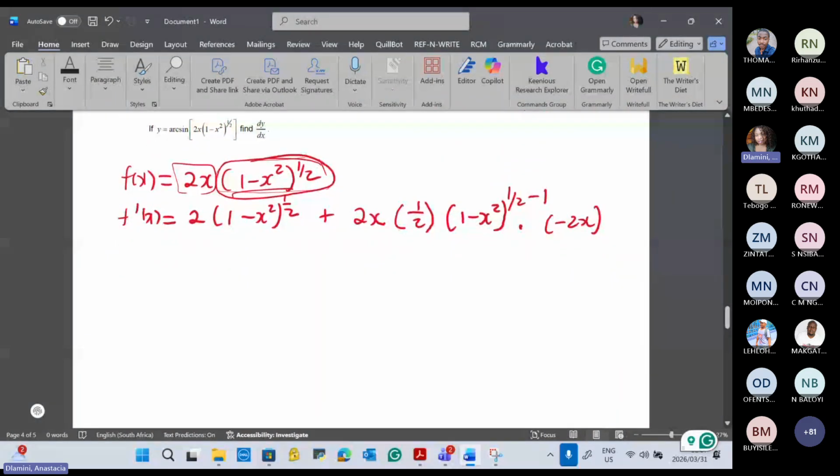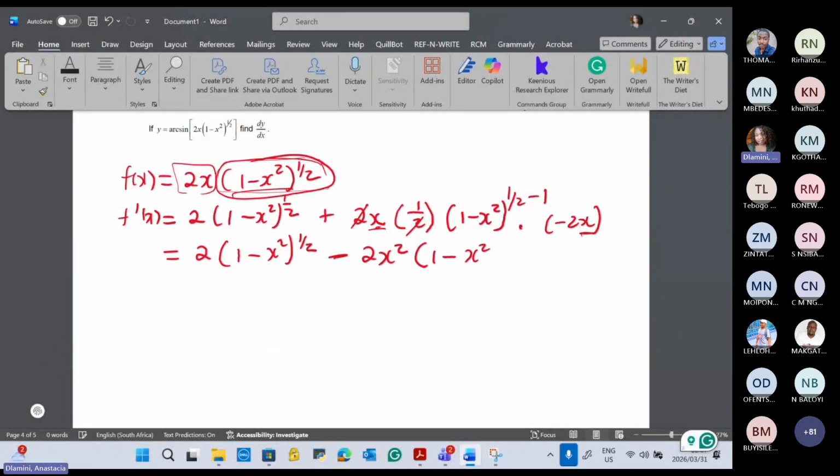So this is equal to 2 times 1 minus x squared to the power of 1 over 2, plus, so this 2 times that half becomes 1. And then that x times that x becomes what? Negative 2x squared. So this is minus 2x squared, open bracket, 1 minus x squared to the power of negative 1 over 2.